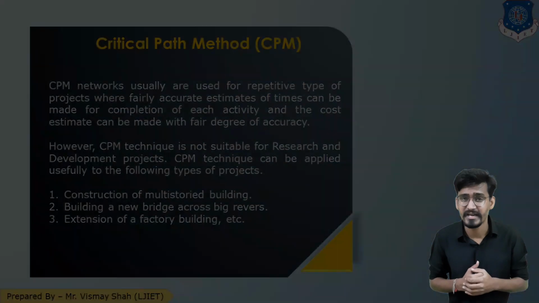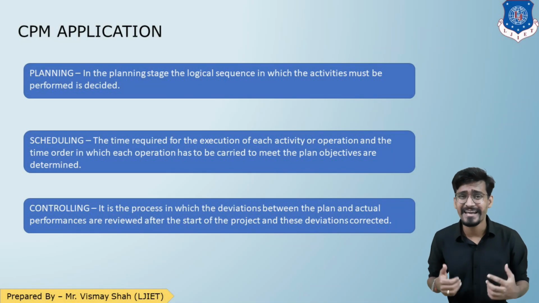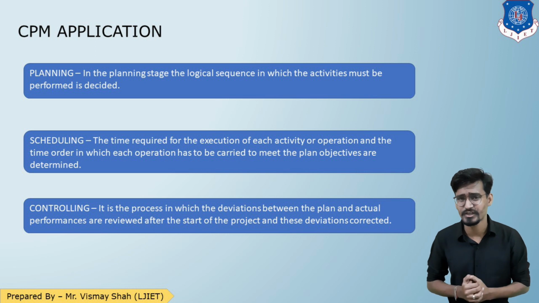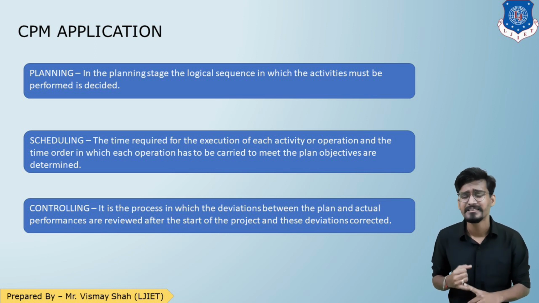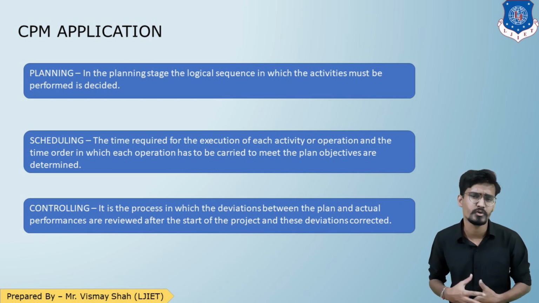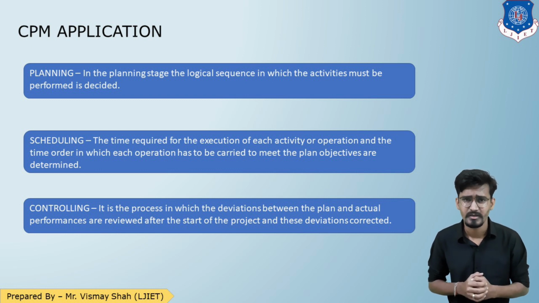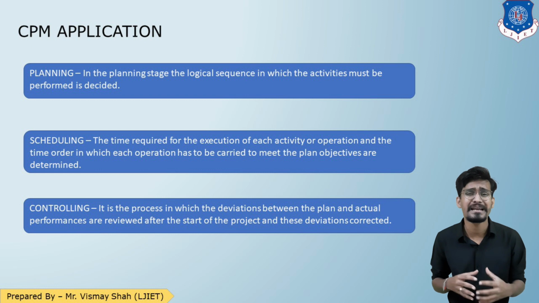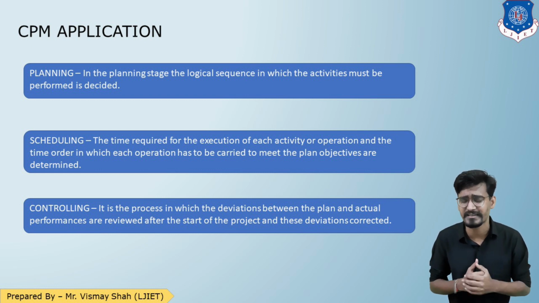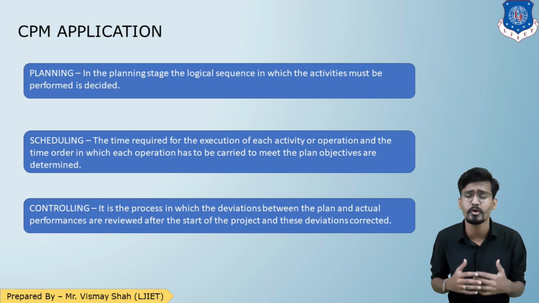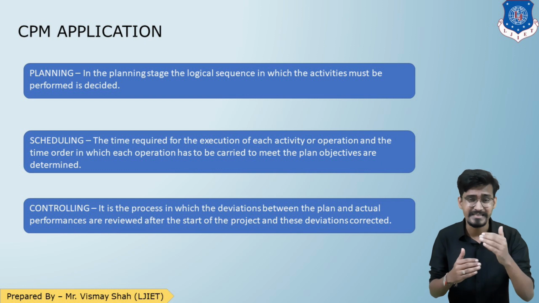Now let us move ahead. So the next topic is CPM application. The application of CPM is in three aspects: planning, scheduling, and controlling. Starting with planning, planning is one of the most important phases of the project. In planning, you generally decide the sequence of the activities, or what kind of activities you are going to perform in the project, and you sequence them so that one activity takes place after another.